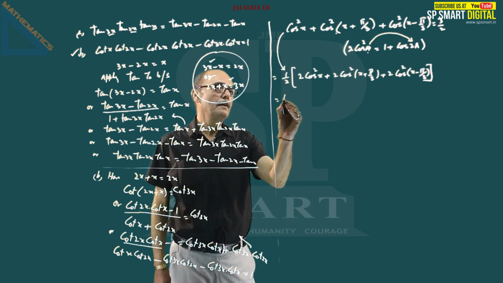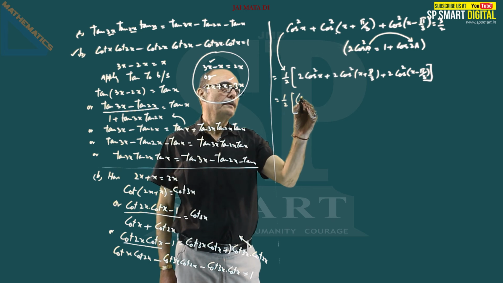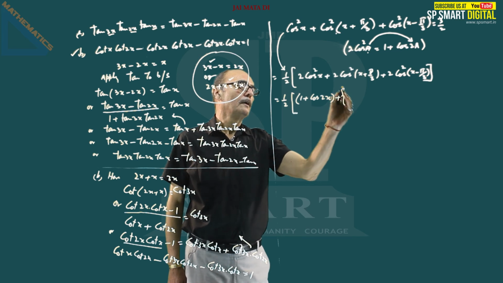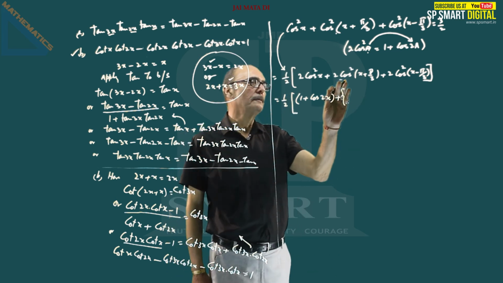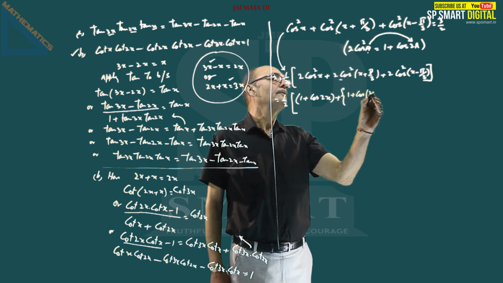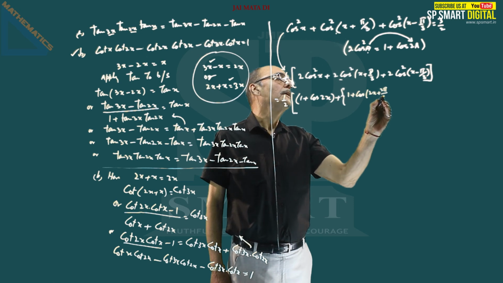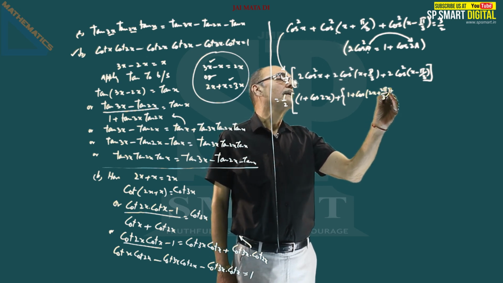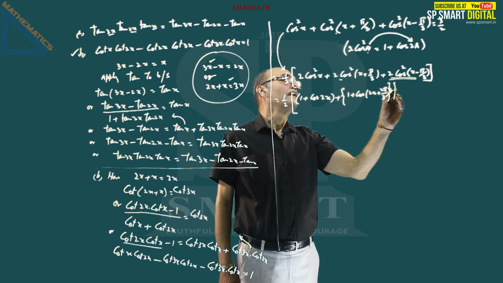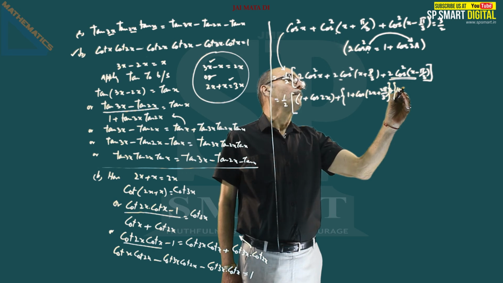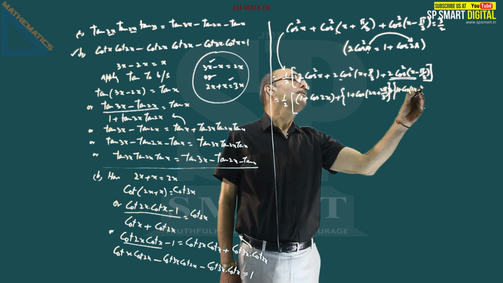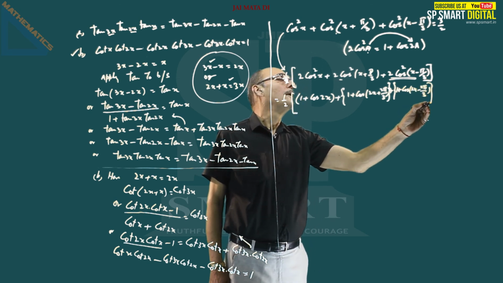So, this is 1 by 2 into 1 plus cos of 2x plus, now for this we shall write down 1 plus cos of twice of this angle, that is 2x plus 2 pi by 3, plus, for this we shall write down 1 plus cos of 2a, twice of this angle, 2x minus 2 pi by 3, and close the bracket.